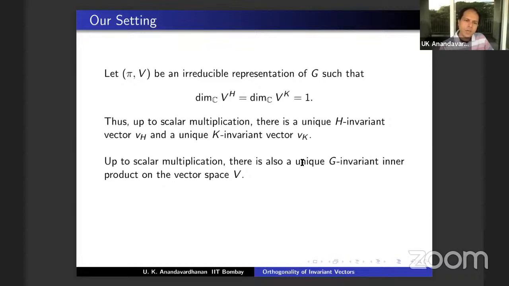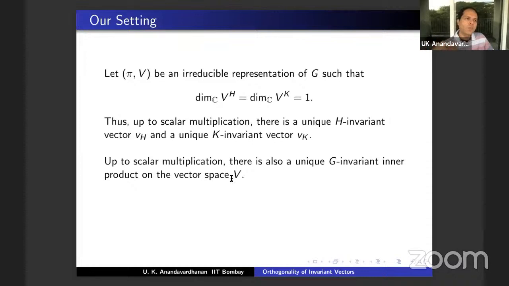And that is unique up to scalar multiplication because of this basic result in representation theory called Schur's lemma. It's an easy consequence of Schur's lemma that G invariant inner products on an irreducible representation, any two will differ by a scalar. So that's also unique. All these three are unique up to scalars.